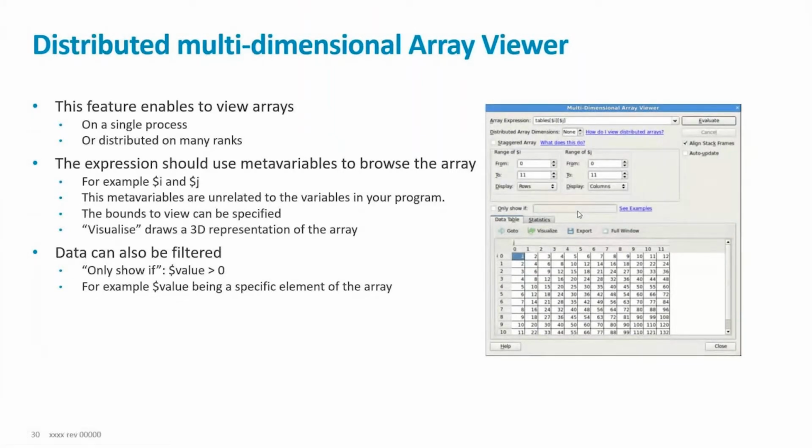The statistics are also available for that 2D or 3D array, and the data table to visualize the rows and columns from different sides. You can also filter your information, to show the values or the rows and columns above or below a particular threshold.